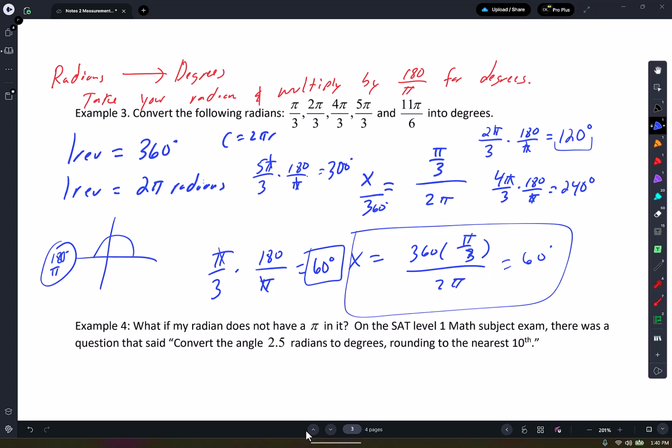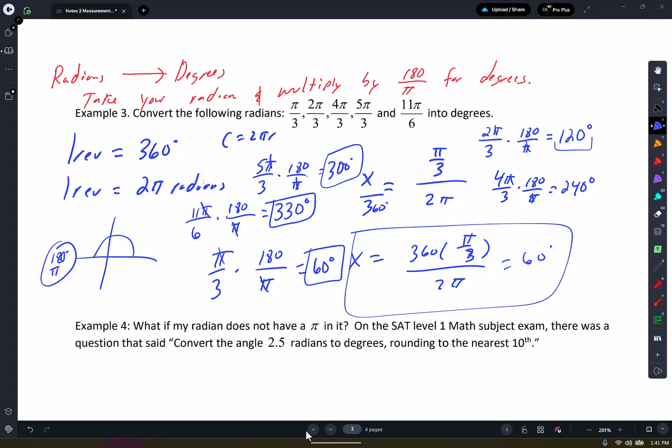Last one, 11 pi over 6. I'm sorry that I wrote it all over the place. I'm not usually like that, but I did this time. 11 pi over 6 times 180 over pi. Pi's cancel out. 6 goes into 18 3 times. 11 times 3 is 33, put a 0 for 330, because it's 180, not 18. So there it is, 330 degrees.